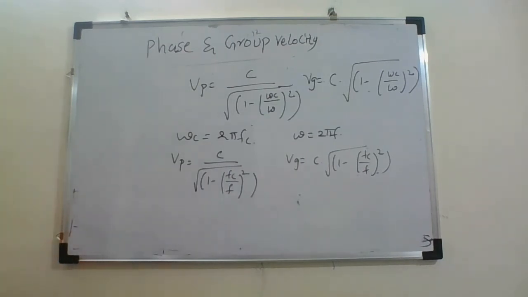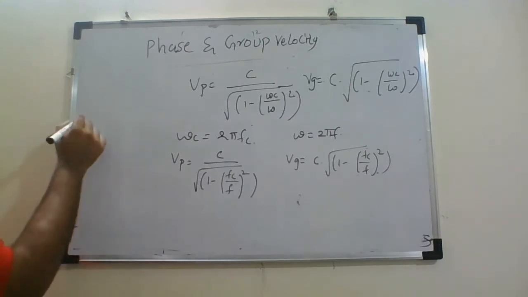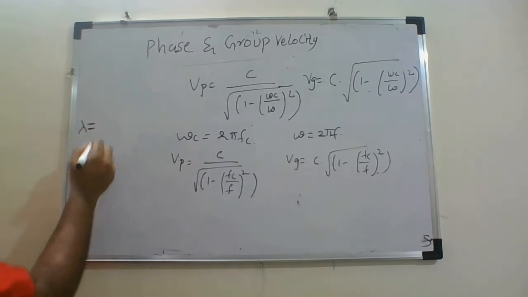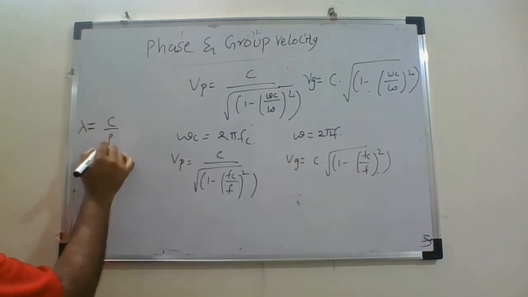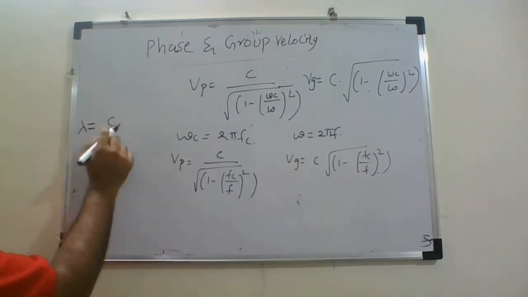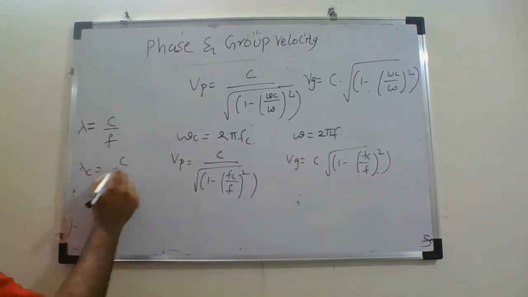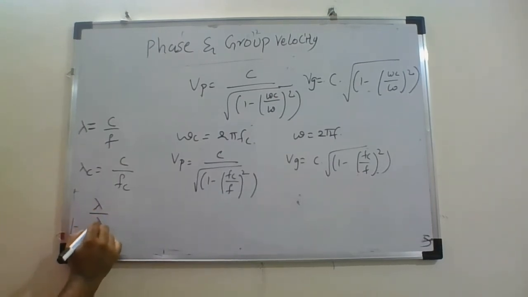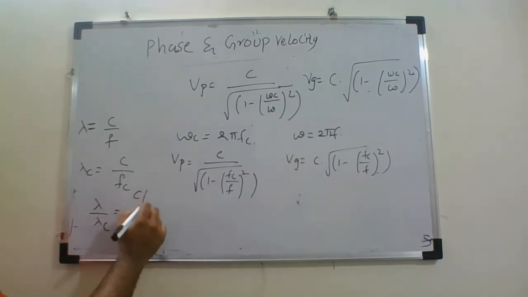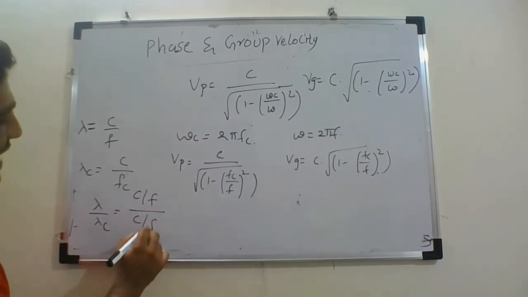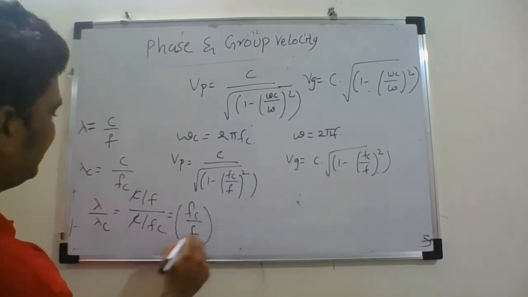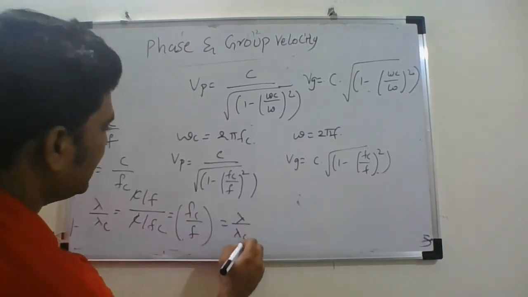Next, we know that the wavelength lambda is generally equal to c by f, and lambda c is equal to c by fc. If I take the ratio, c by f divided by c by fc, the c gets cancelled, giving fc by f. So fc by f is equal to lambda by lambda c.